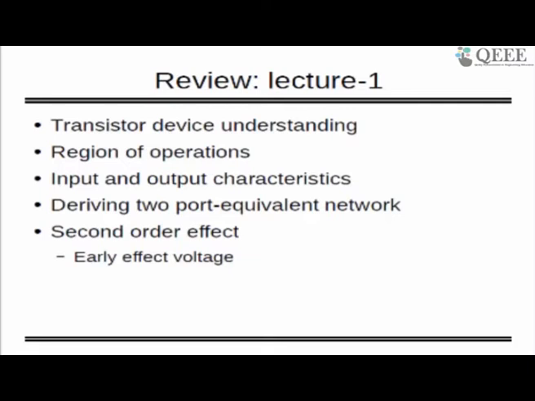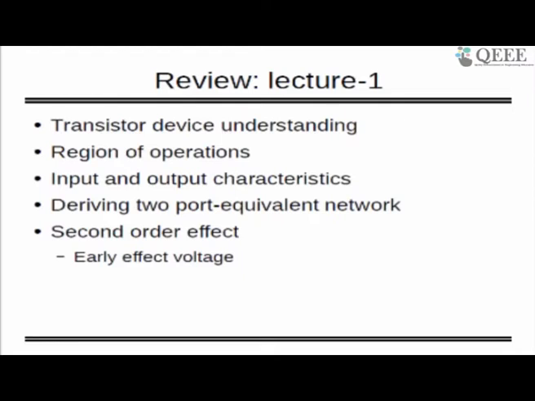We found that these characteristics ideally give zero slope in the active mode of operation. However, when you look at the second order effect, there is some slope in the active mode of operation, and that comes from an effect called the early effect.